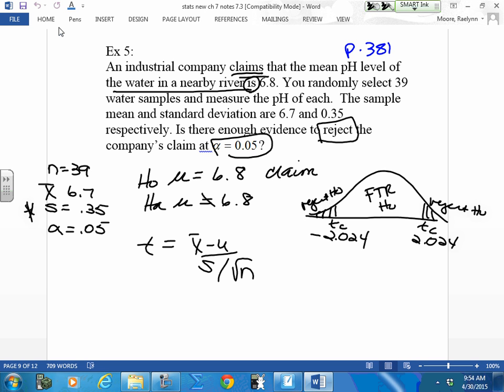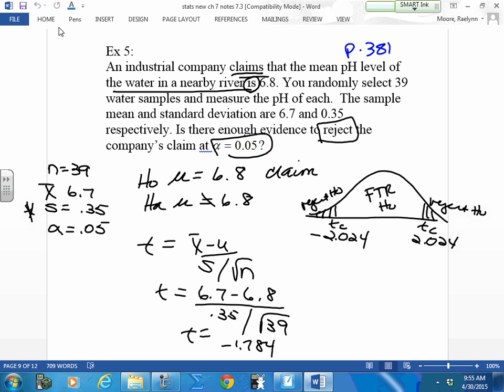Now we plug in your information just like before. It almost looks like the z-score except for sample versus population. Plug in everything the way it is, use your n, not your degrees of freedom, and you find your t. They find their t to be negative 1.784.